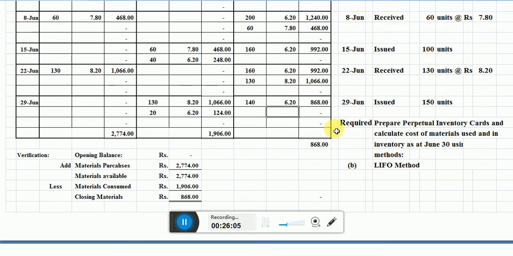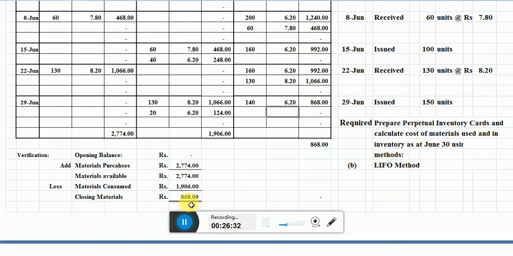Now, in verification, the opening balance is nothing, but the purchasing value is 2,774 rupees here. Material available for use is 2,774 rupees. The material issued is 1,966 rupees, which has been deducted from this amount.